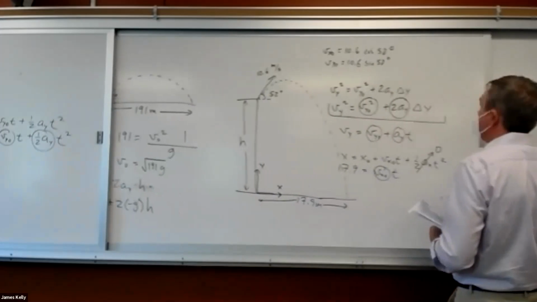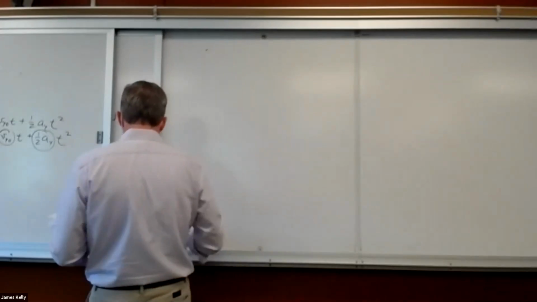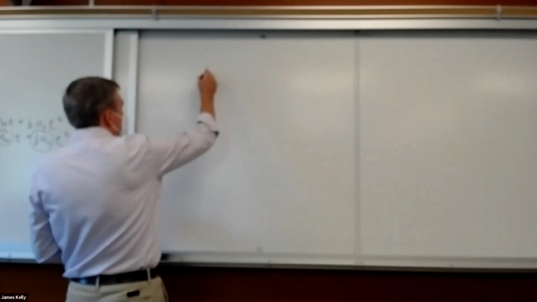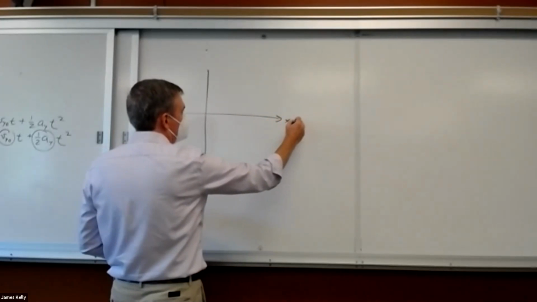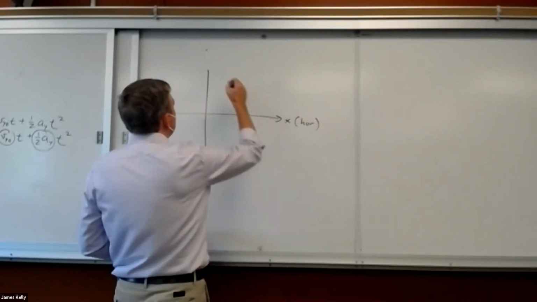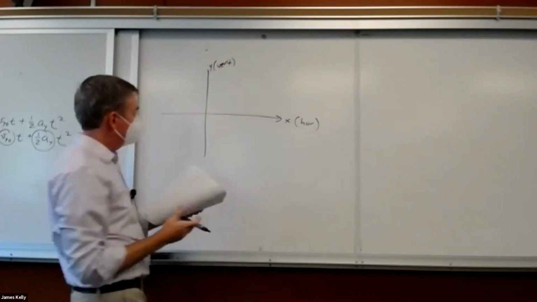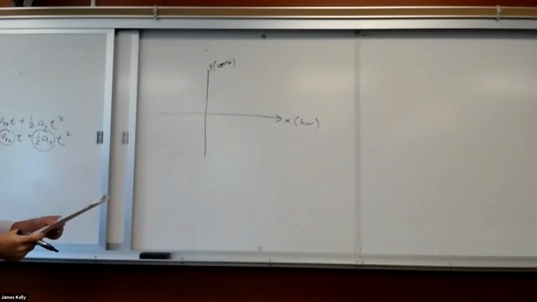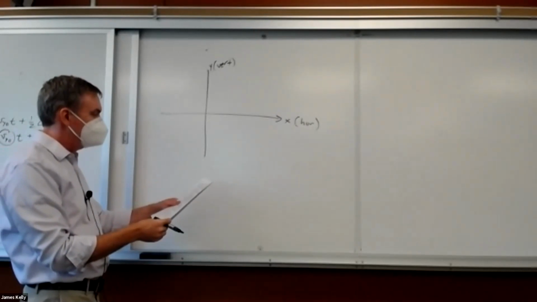So the idea is, I choose some coordinates, and maybe I choose my x to be the horizontal direction and plus y to be the vertical, upward in the vertical direction. And we've got a particle, we don't really care where it starts, but it's given an initial velocity x and y component, and then it accelerates for a while.